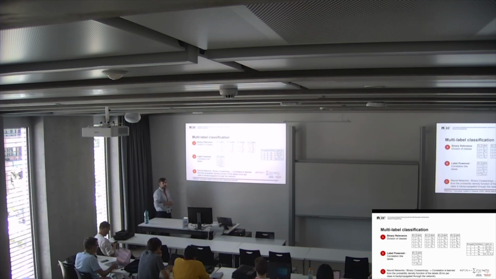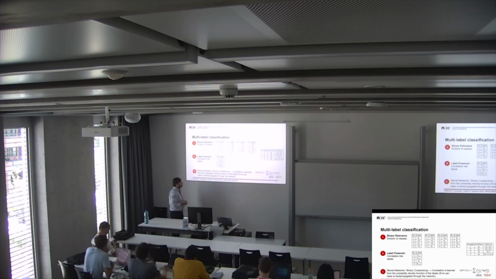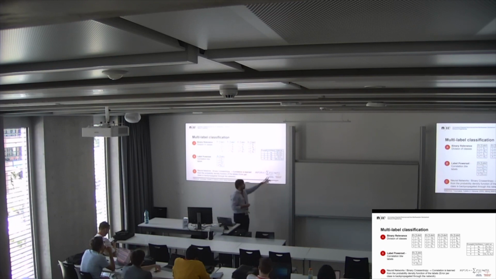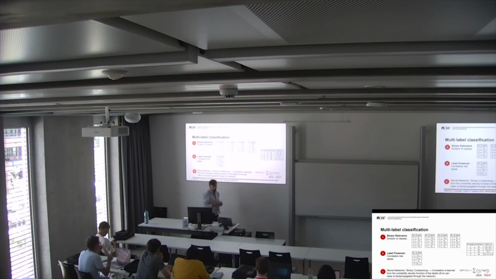This makes a lot of classifiers, and we use mainly also neural networks, trained with the cross entropy loss function. So it regards the error per class and backpropagates this through the network, updating the weights.